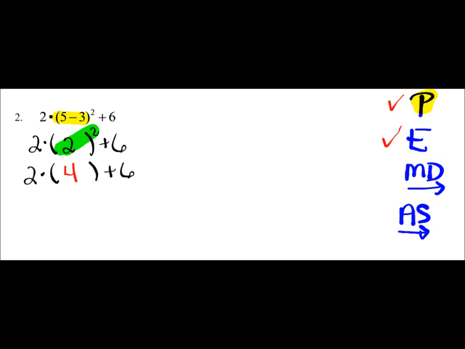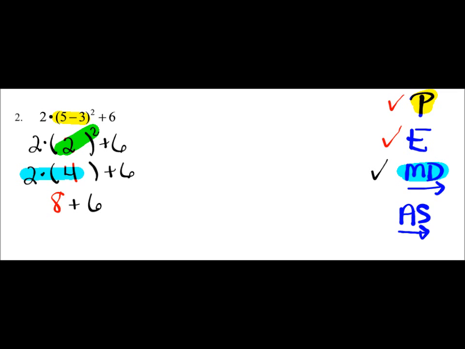Now we'll continue along, multiplication and division. I do have some of that. I see that right here. 2 times 4, that's my multiplication and division. That 2 times 4 just conveniently comes out to be the number 8. That's one of my favorite numbers, actually. So we have 4 times 2, which is 8, and the plus 6 is right at the end there.